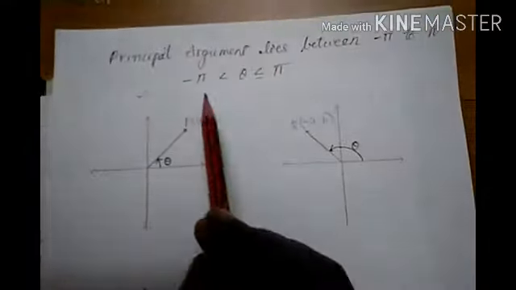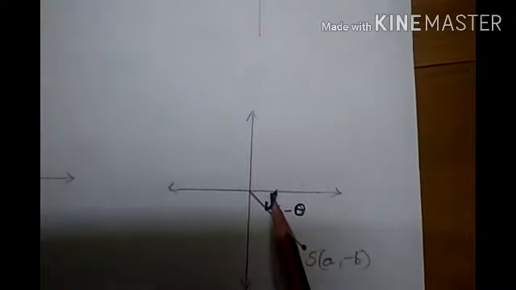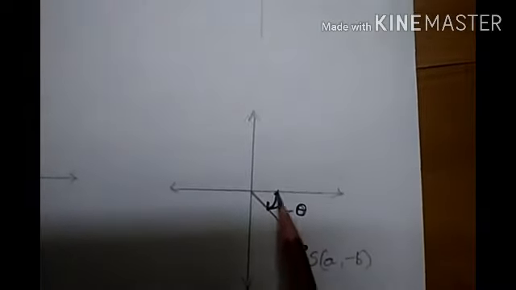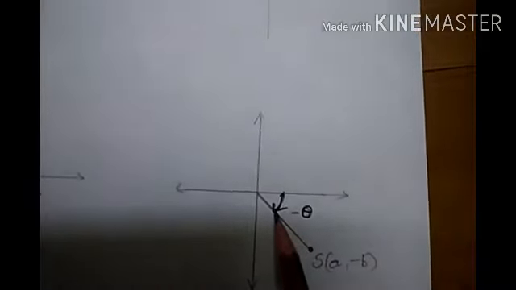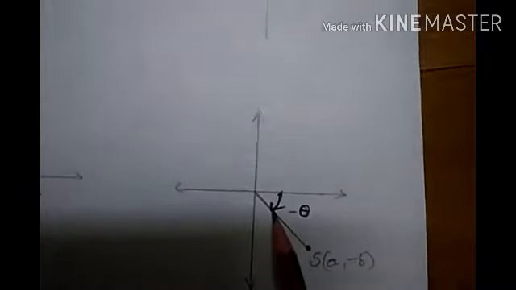This also does not follow the range minus pi to pi. So in this case also, we can consider theta in the clockwise direction. This is less than 180 degrees. So here the angle is measured as a negative angle. This is about the principal argument.